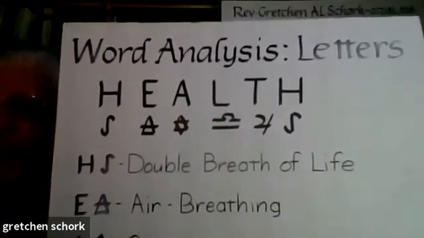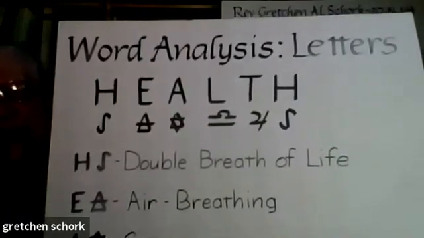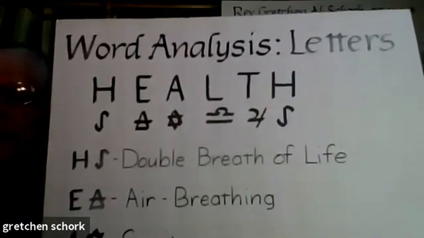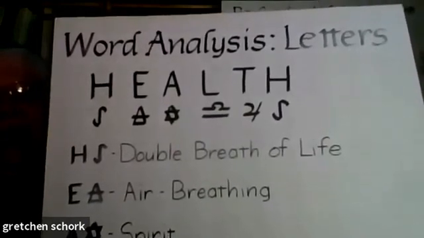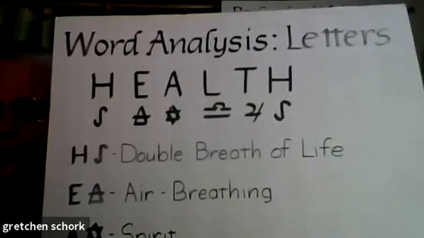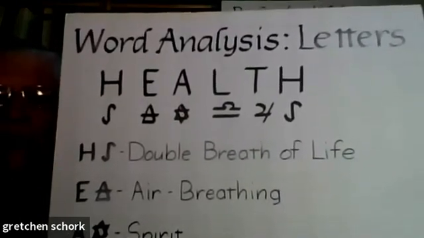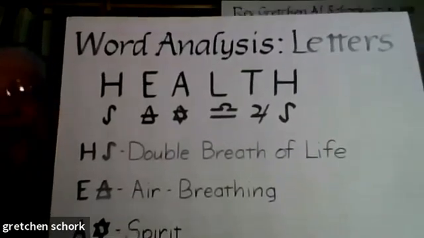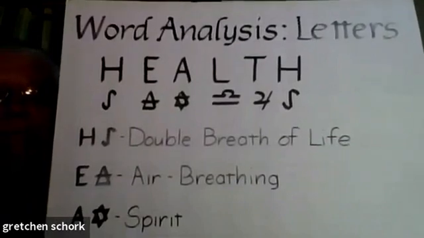E represents air. So air is what you're breathing in and out of your lungs, which are what is being handicapped by this virus. A represents your personal connection to the universe, the personal spirit. L represents Libra, which has that concept of the scales and balance.